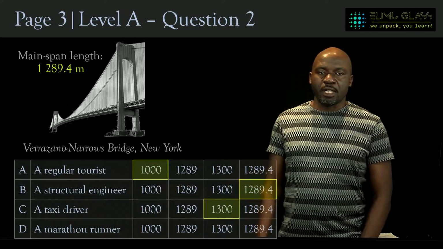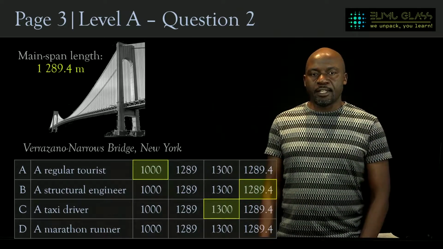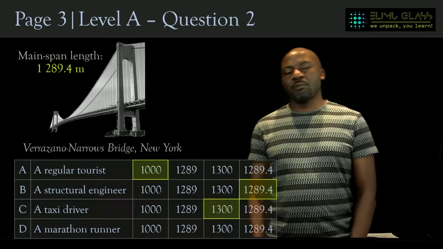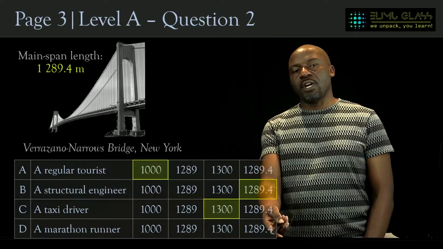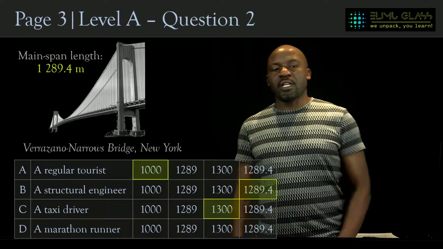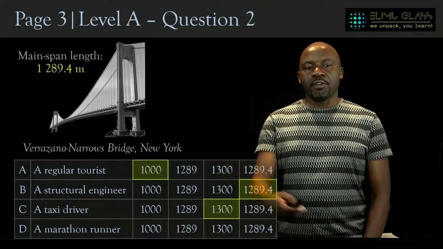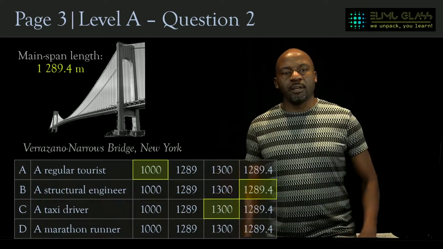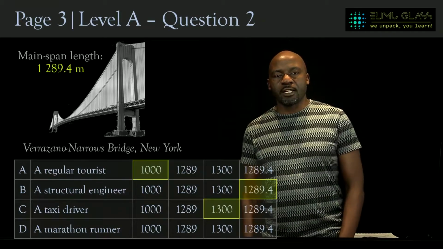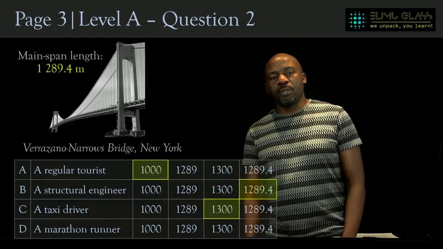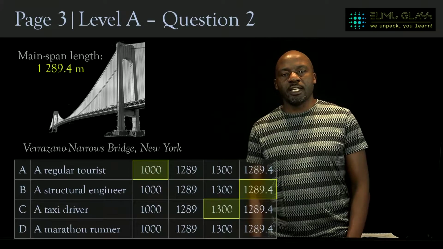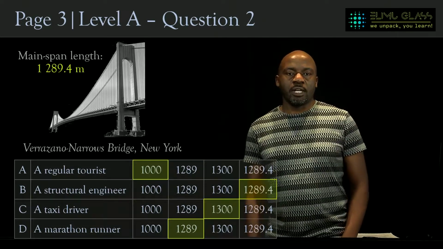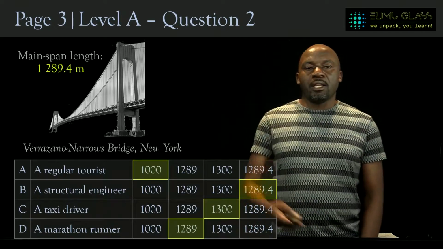A marathon runner will want an exact distance, but a person running a marathon is probably not so interested in the 0.4. They want to know the exact figure, but the 0.4 means 40 centimeters, which is about that length there, and they're probably not going to be so interested in that. So we would probably pick 1,289 as the distance that a marathon runner is going to say.